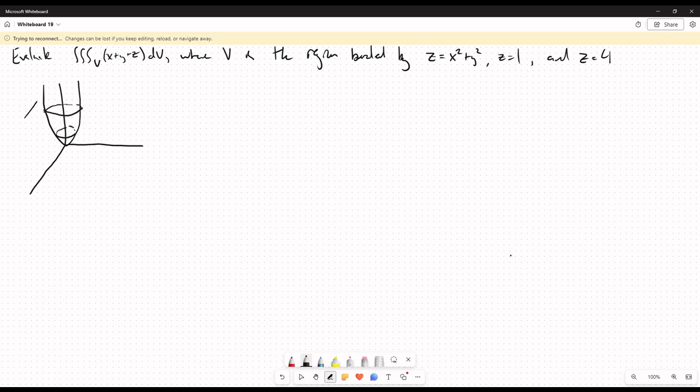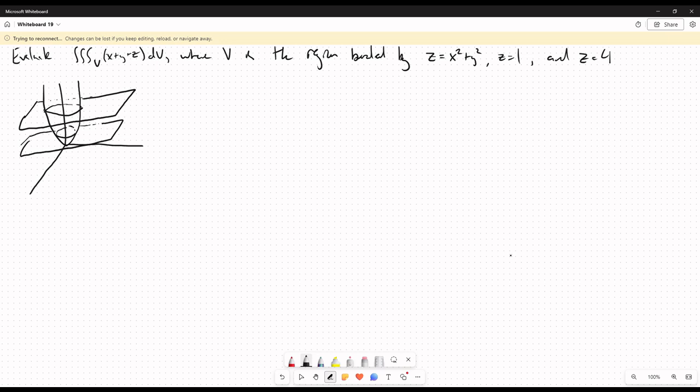So two separate planes, and a plane down here. Okay, that was a serviceable job of doing what I wanted to. So we have two planes kind of cutting this paraboloid.